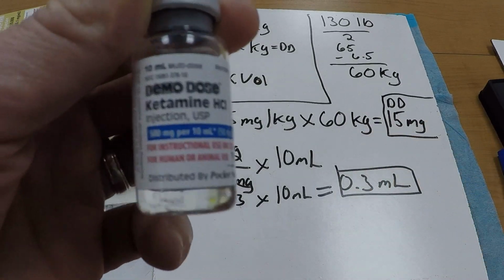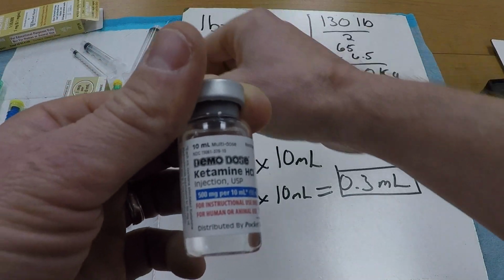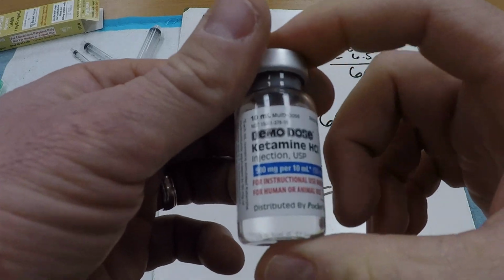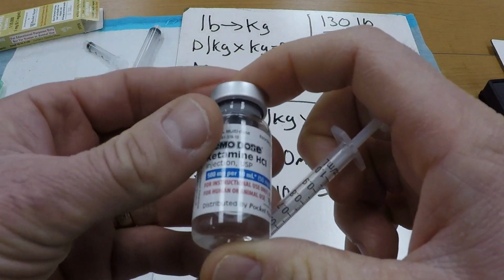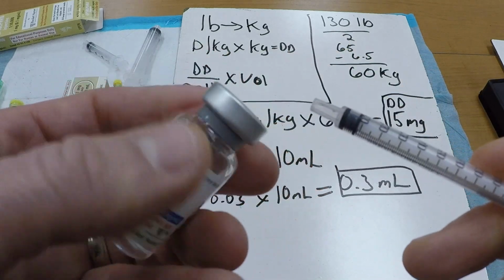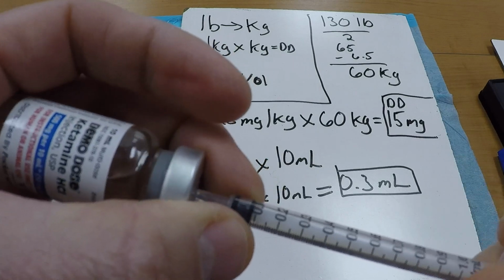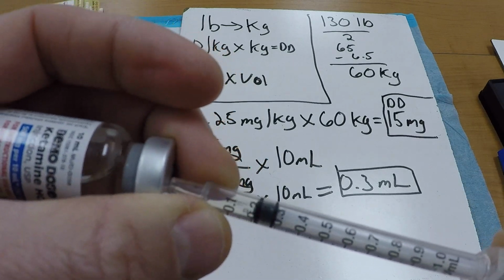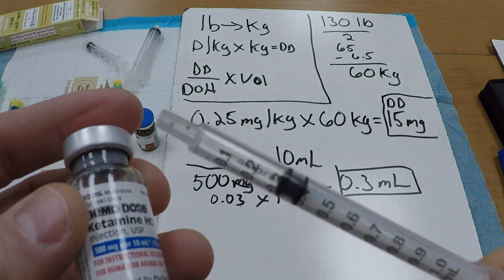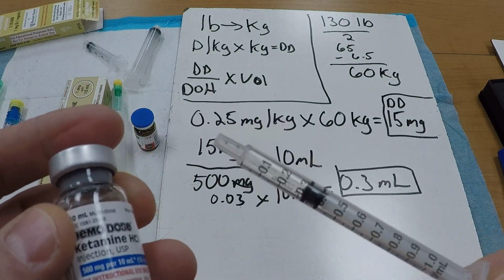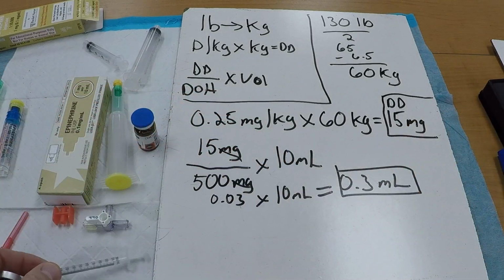So we're going to take this 10 milliliter vial, and we're only going to give 0.3 milliliters. So draw that much, 0.3 milliliters.